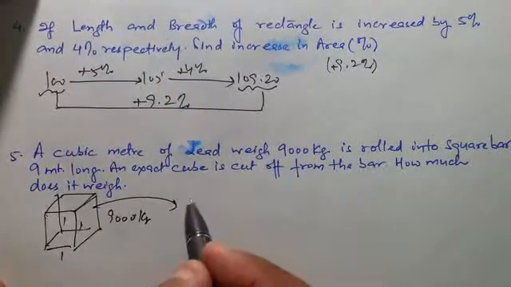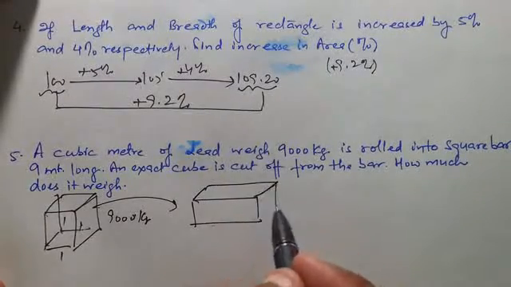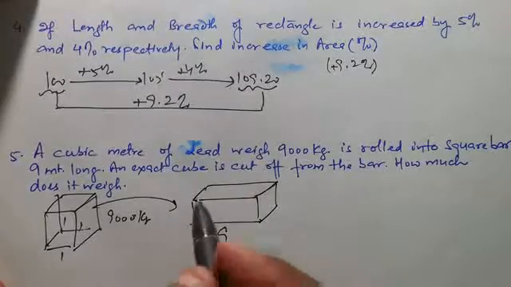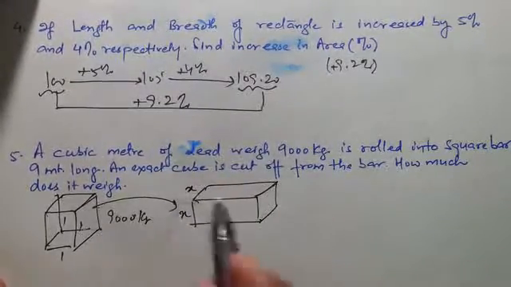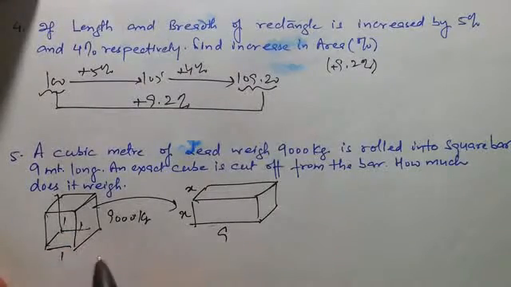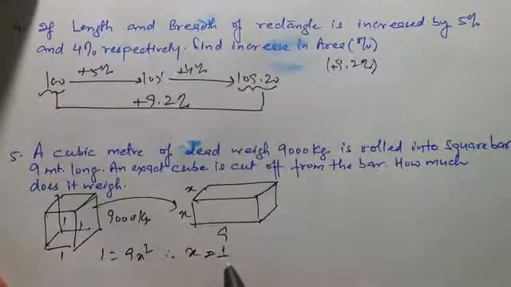Now its shape has been changed, but the volume remains the same. So now it becomes 9, and we have to find out the length and breadth. So the volume of this is equal to 1, and the volume of this figure is equal to 9x square. So we can find out the value of x becomes 1 upon 3.